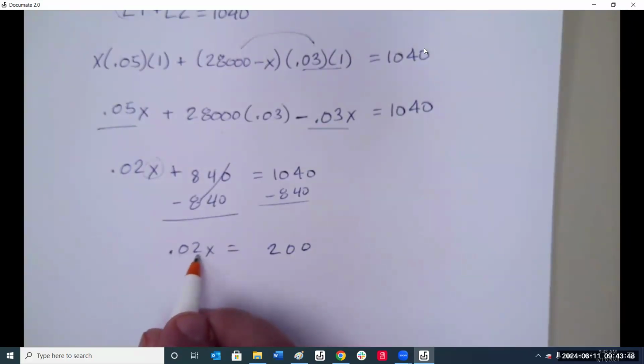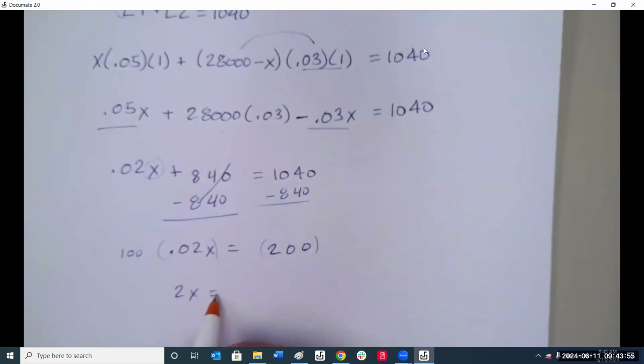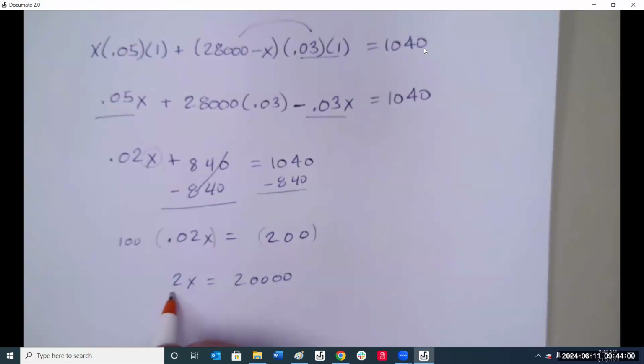To get rid of the decimal point, we multiply both sides by 100. Put 2 zeros behind them.